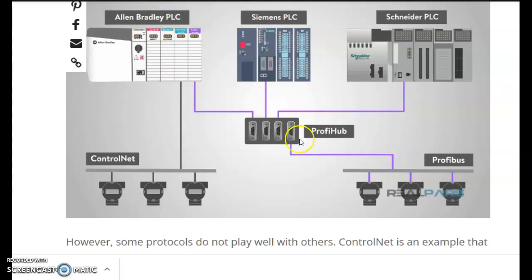Then C1 PLC is there. From Profihub, C1 PLC. From Profihub, Schneider PLC. Profibus is directly connected to Profihub. From Profihub, it is connected to Allen Bradley C1 PLC, Schneider. From ControlNet, directly Allen Bradley connected.